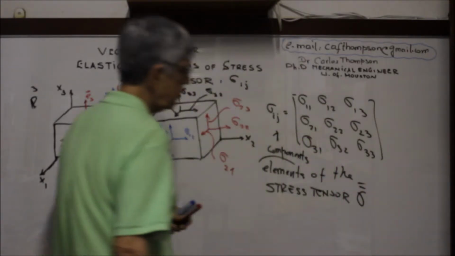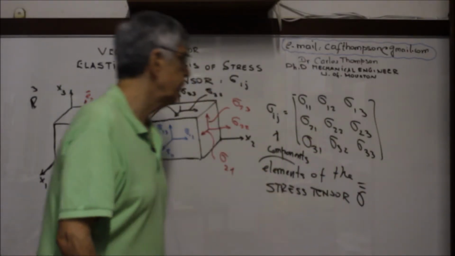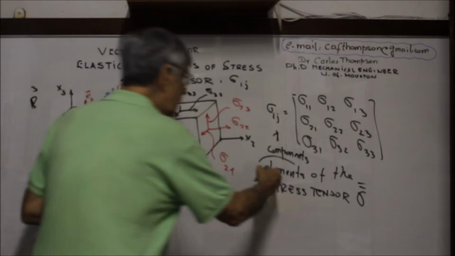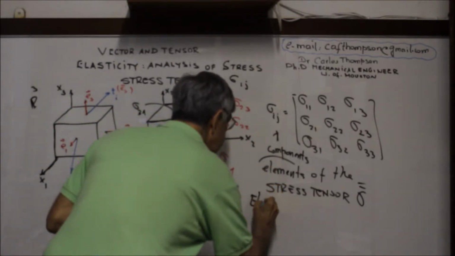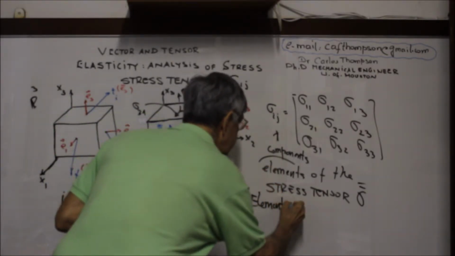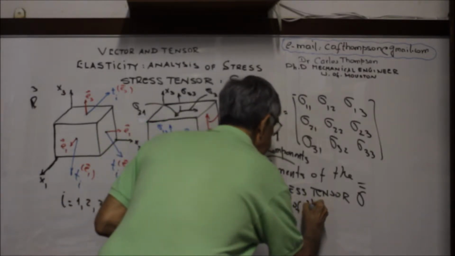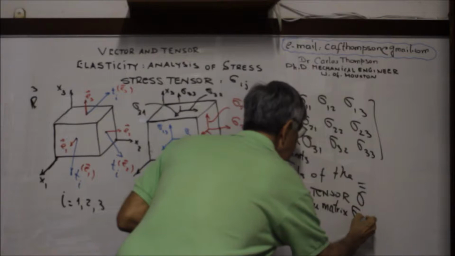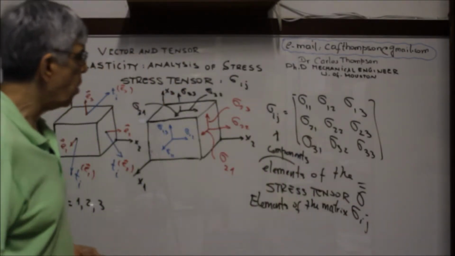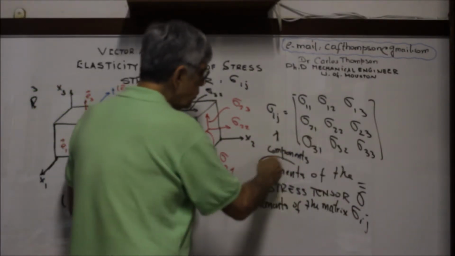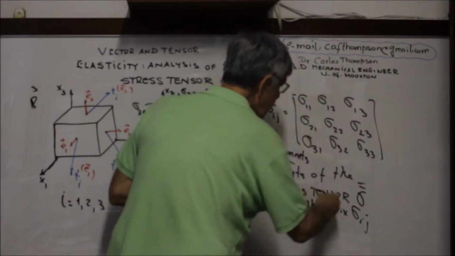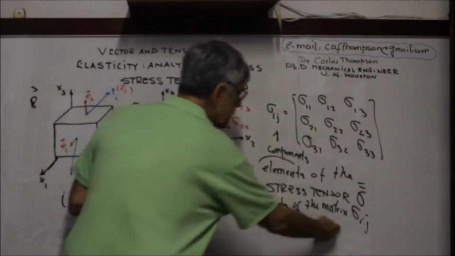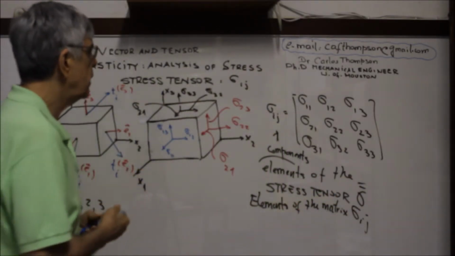Sigma, you put here, this is the stress tensor. Now, or the element of the matrix sigma ij, as we did before. I prefer to use components of the stress tensor or elements of the matrix sigma ij.